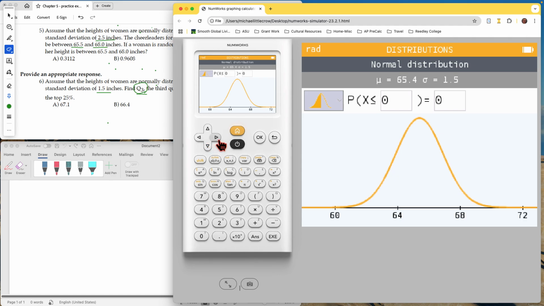What's 75% less than, right? That's a quartile. Oh, sorry, I put it in the wrong place. I'm just going to come over here. Well, it won't let me. Let's see. Oh, there we are. 0.75. That's what we want.